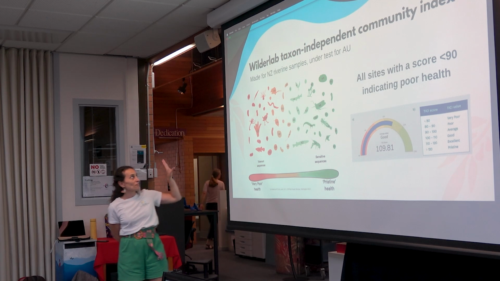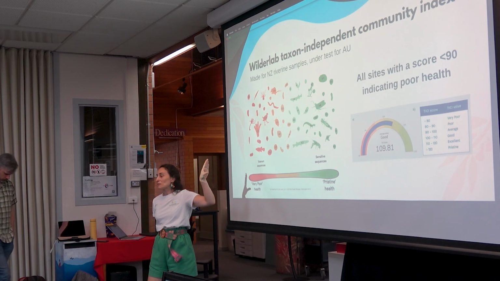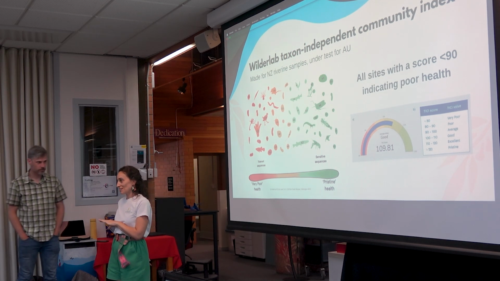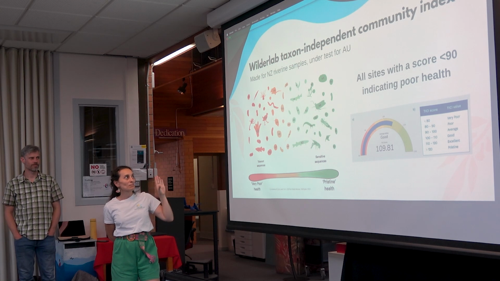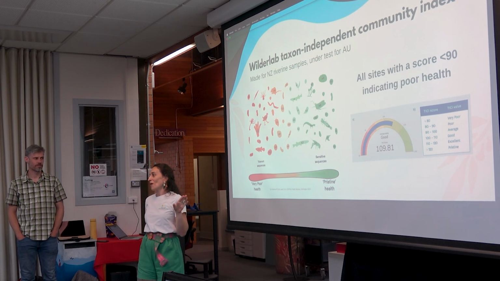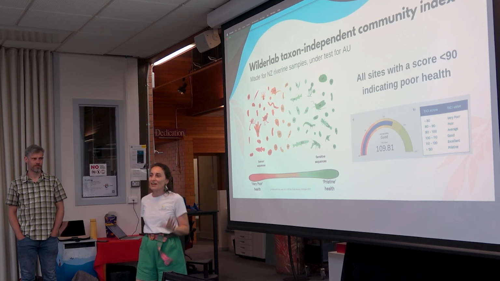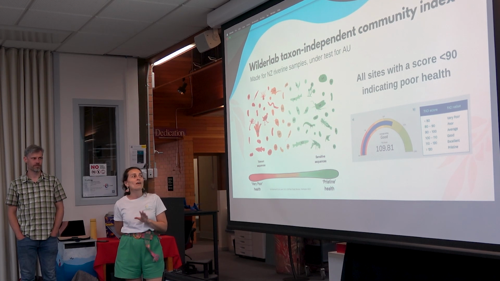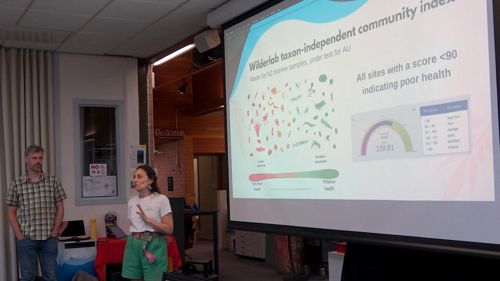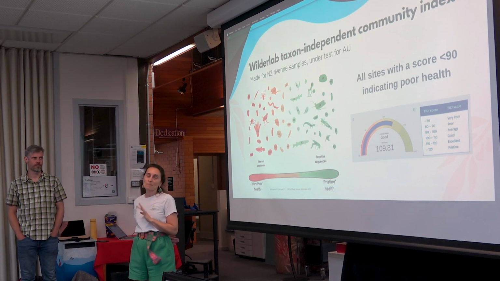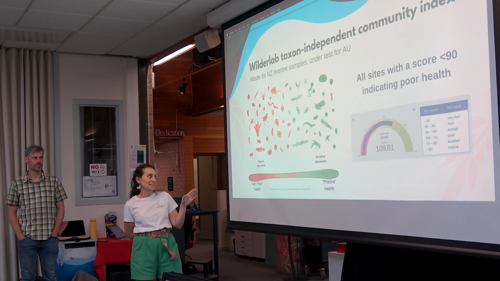Now this indicator has been made for New Zealand rivers. It's on test for Australian rivers, but my understanding is New Zealand rivers and Australian rivers are not that different, and they believe that the results should be very similar to what we found here.